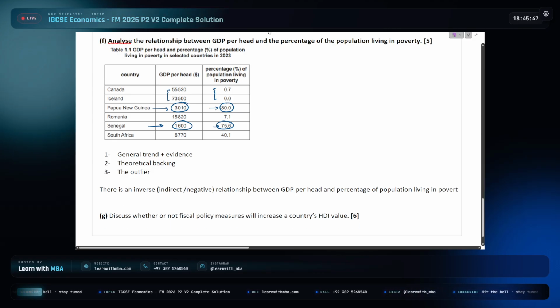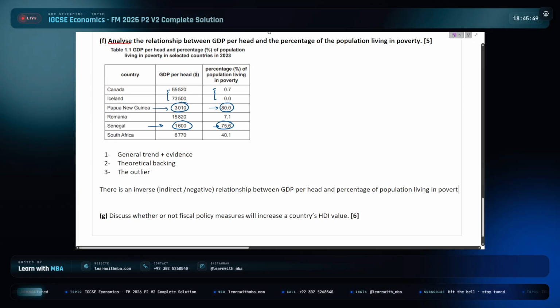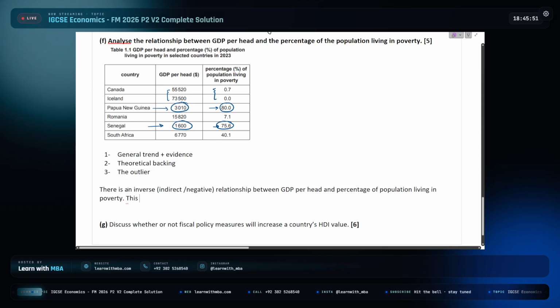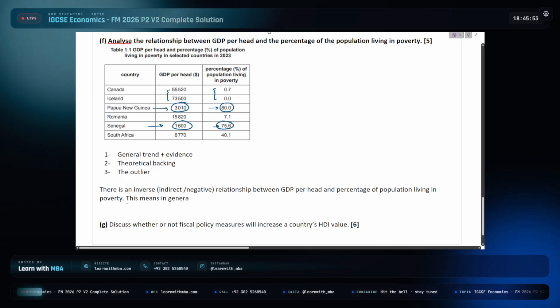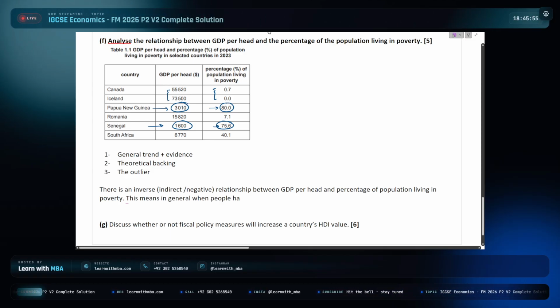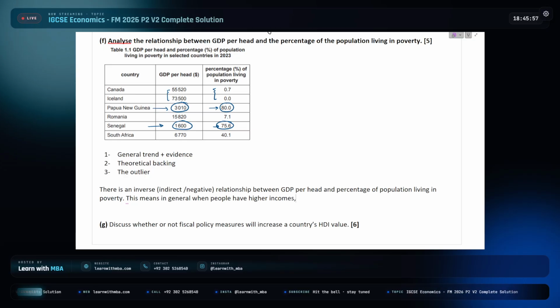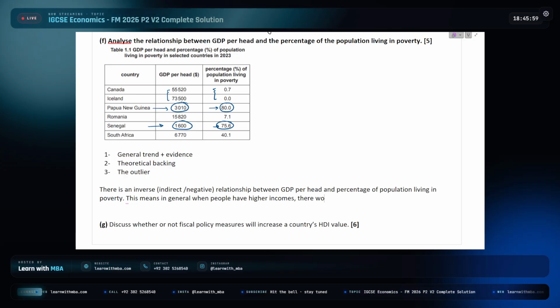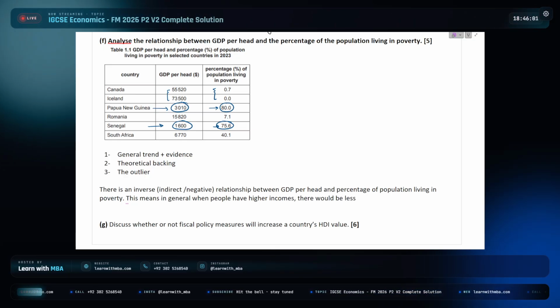So now you need to explain the general trend and the backing for it. So this means in general, when people have higher incomes, there would be less poverty, right?